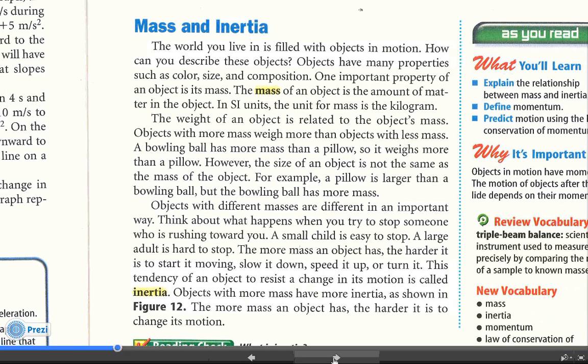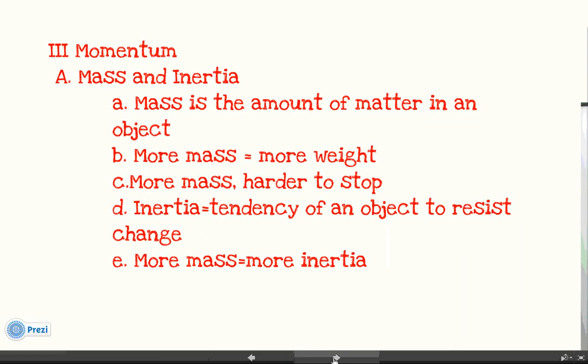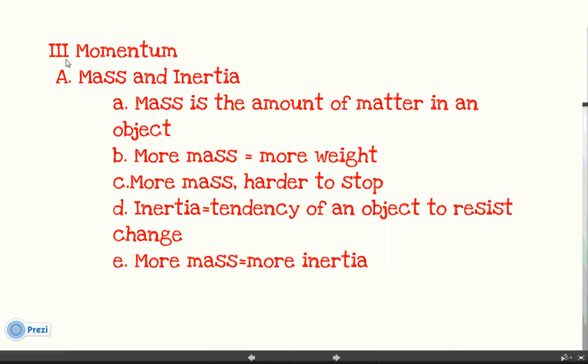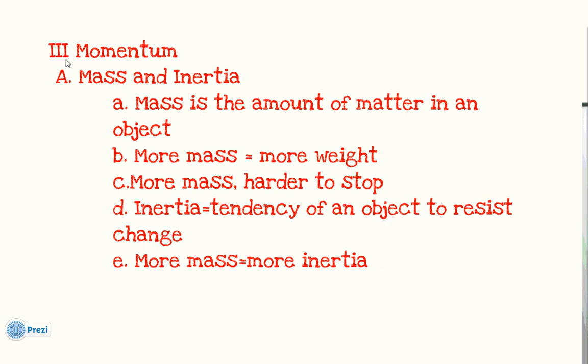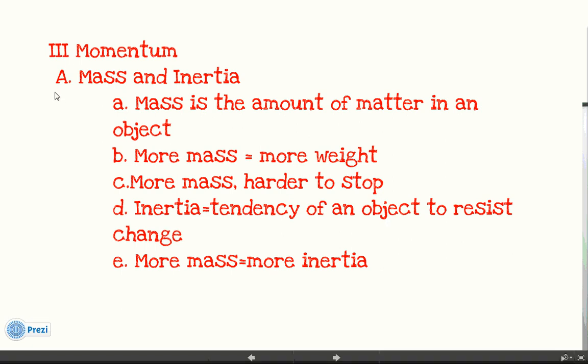All right, we are going to look at our notes. So we have Roman numeral 3 because this is our third section in the chapter. Capital A is our blue heading, mass and inertia. We do not have any little red headings, so there's no 1. Remember I just said mass is the amount of matter in an object.